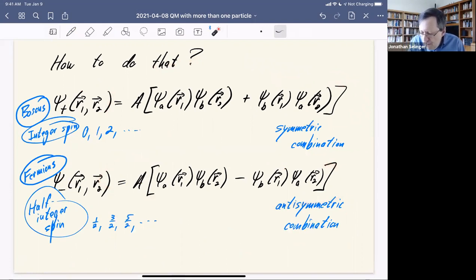The nice separable state works for distinguishable particles, but it doesn't work when we are required to follow this connection between spin and statistics. And so, you know, the entanglement turns out to be an important feature of quantum mechanics.